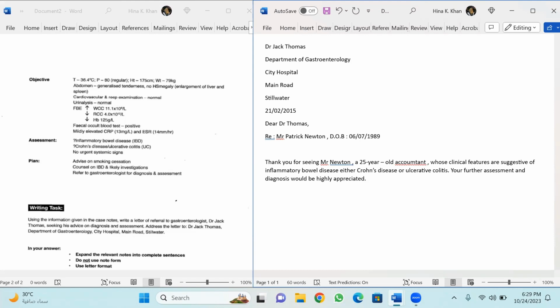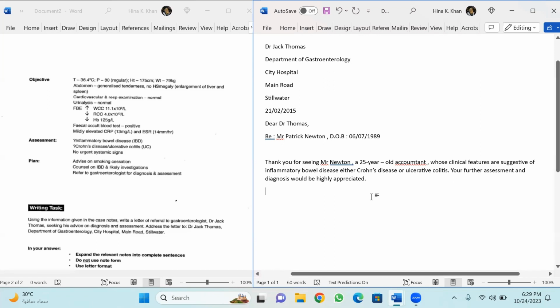Now full stop. Now just by reading this purpose, you can see that it's clear, it's precise, and it's to the point. Nothing irregular, nothing unnecessary or irrelevant has been mentioned in this introduction.